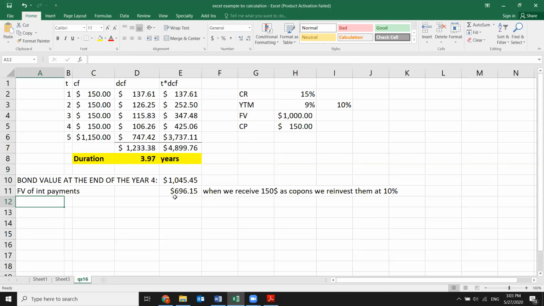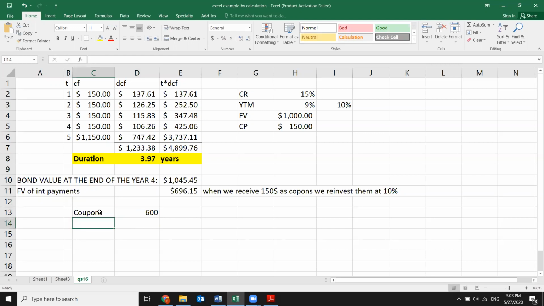So let's make things clear here. First of all, when you receive the coupons, your coupons are equal to $600, okay? You're receiving them over the 4 years, which is $150 every year. That will make you in total $600.